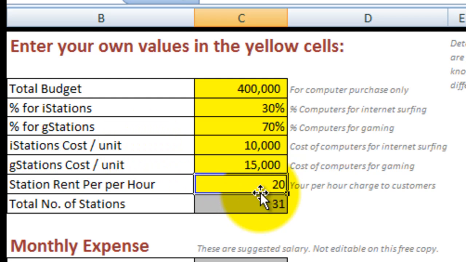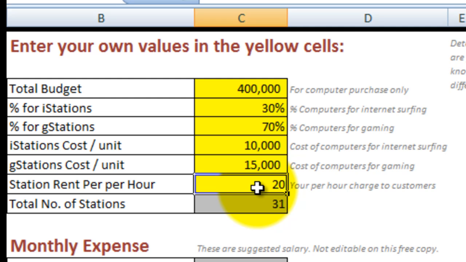And then the next one, you need to indicate the per hour charge, or the hourly charging cost, whatever you want. It typically is 20 pesos for an hour here in the Philippines, and there are internet cafes that are charging below 20 pesos.